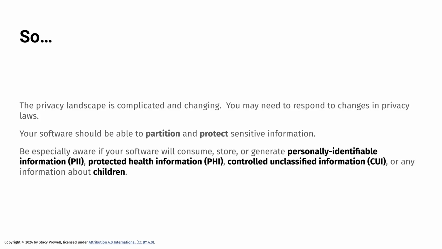That's government. It's information that the government has that is under some kind of controls, but it's not classified information. Classified information, we're not going to try to even begin to get into that here. That's got a whole other set of things that you have to do. Or if you have information about children, right? Keeping information about children in a database, you should be a little careful with that.